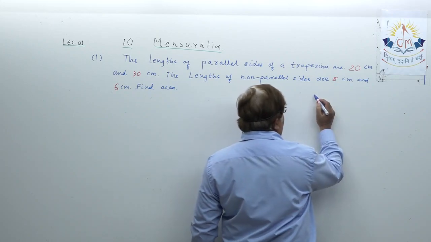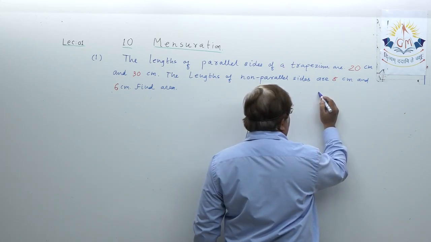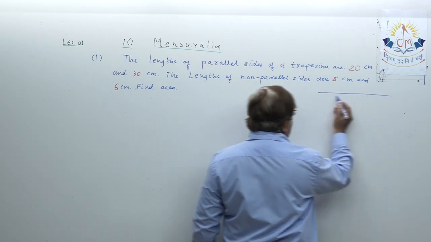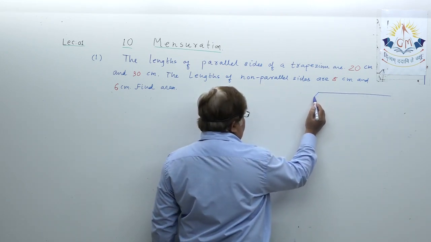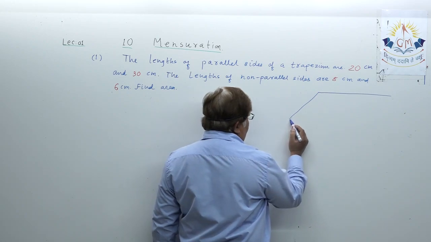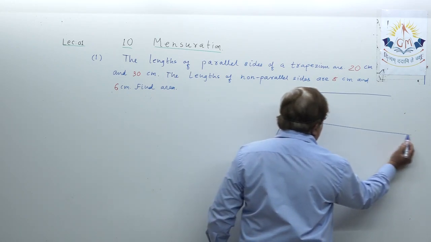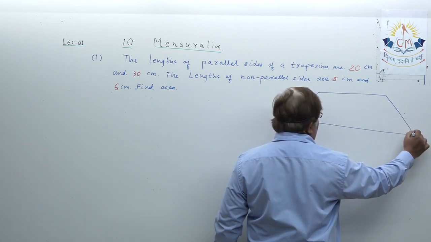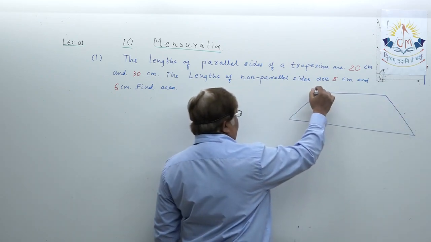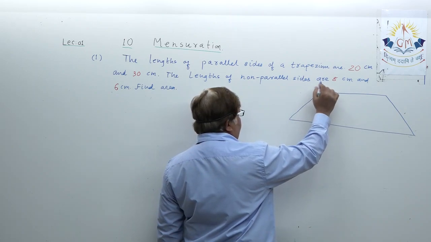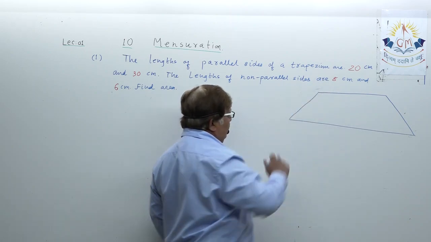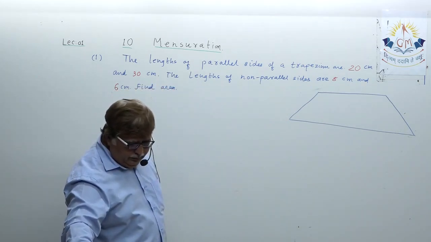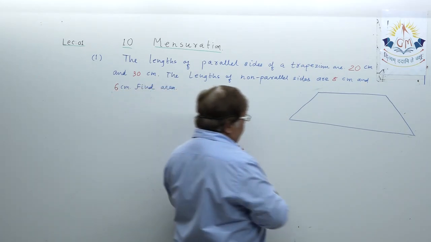drawing a proper diagram of the trapezium. Let me draw it. A proper diagram of the trapezium, okay. Then naming the trapezium as ABCD.